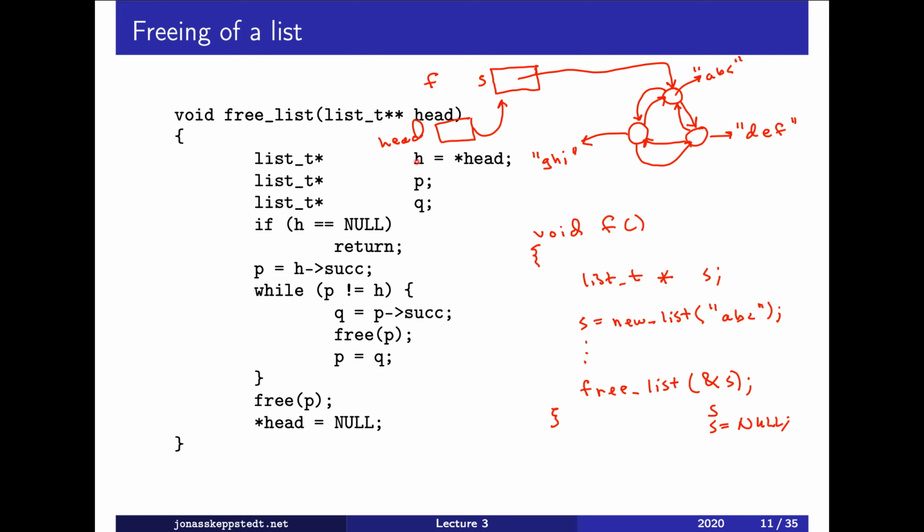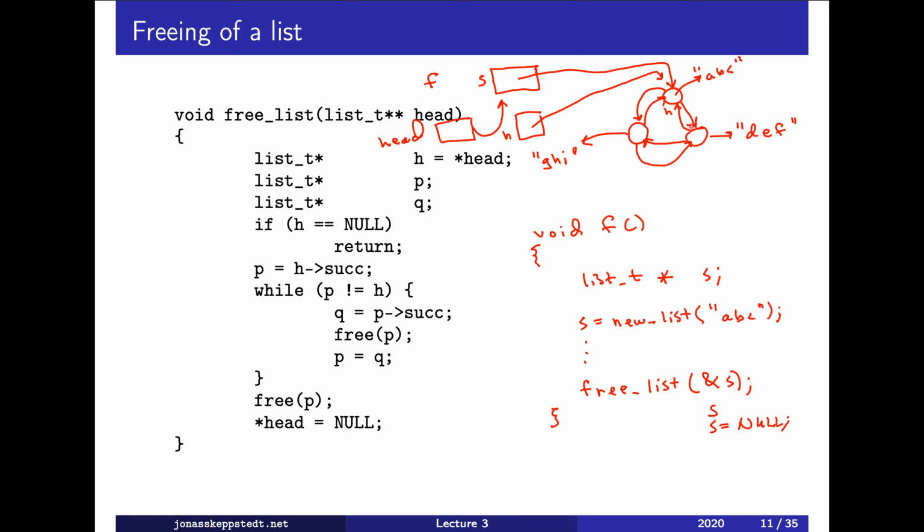So h equals star head means we set h to the same value as S. When we draw this, we can make a box for h, and it will have the same content as S has, namely a pointer over there. But it's easier to write h there, so we know it points there.